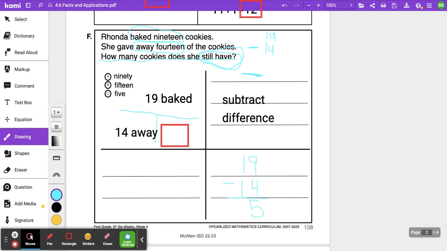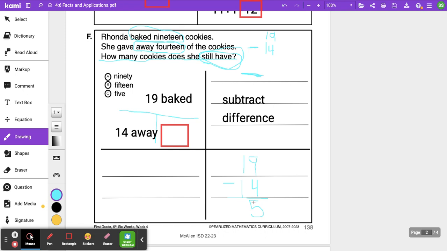I can show that with my hands. 9, 2, 5, is 4. 1 ten minus 1 ten is 0. 1 minus 1 is 0. I don't write the 0 though because there's always zeros in front.